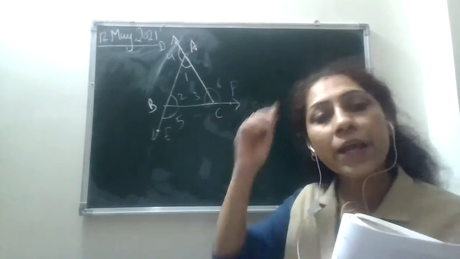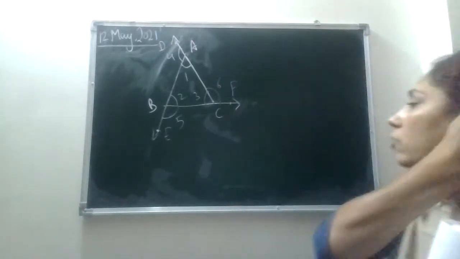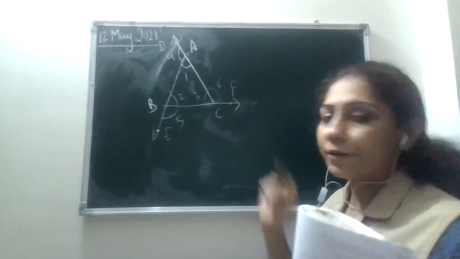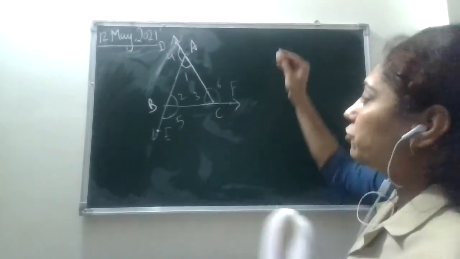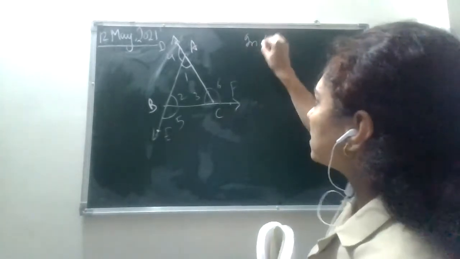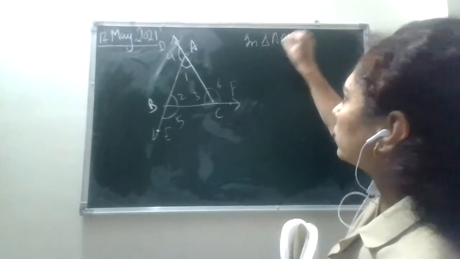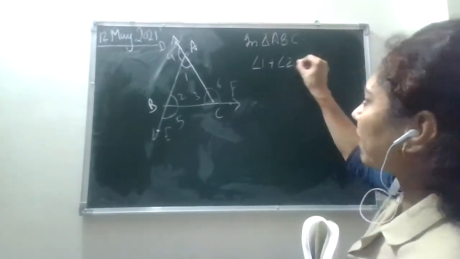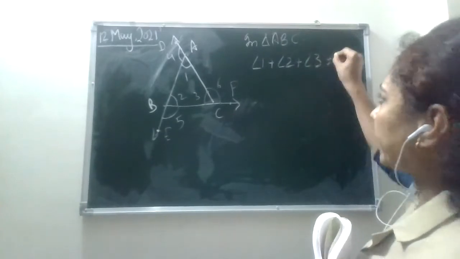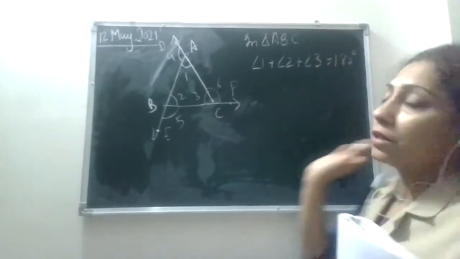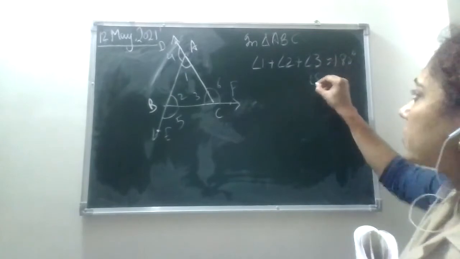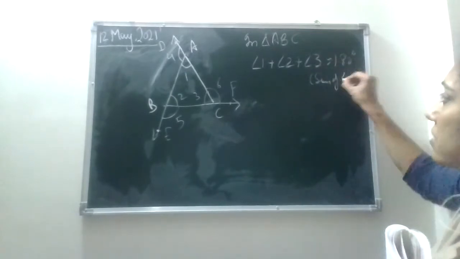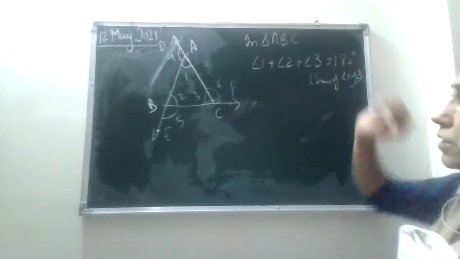Now, over here, in triangle ABC, the first property I told you is that angle 1 plus angle 2 plus angle 3 is equal to 180 degrees. Fine. No doubt. Sum of angles of a triangle, by virtue of this property.